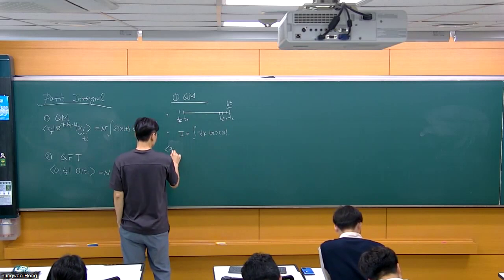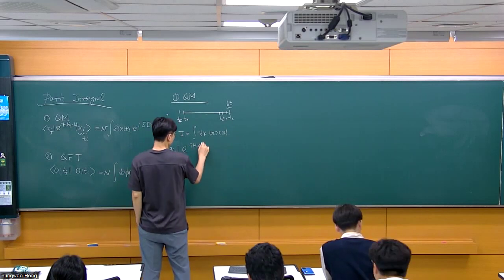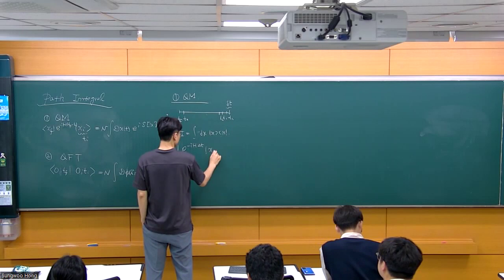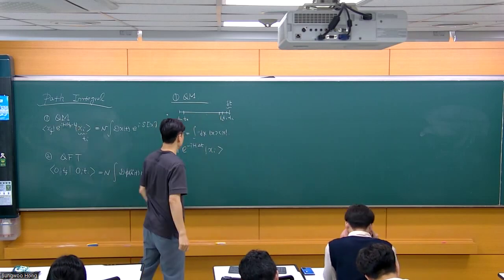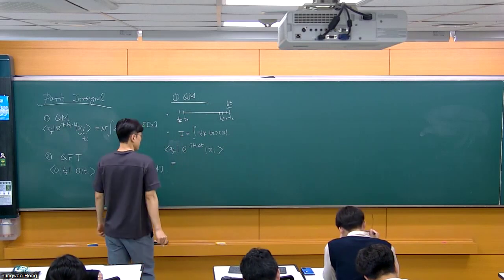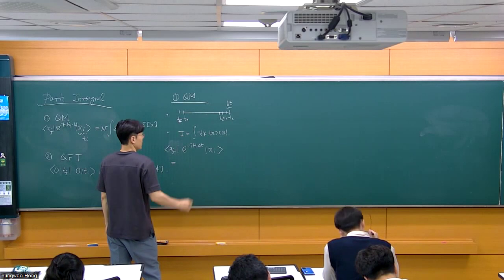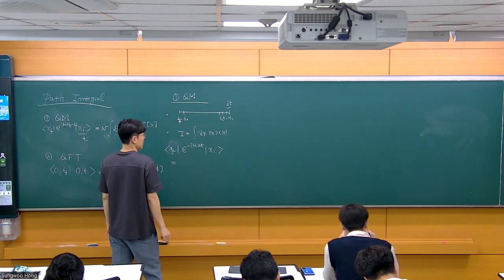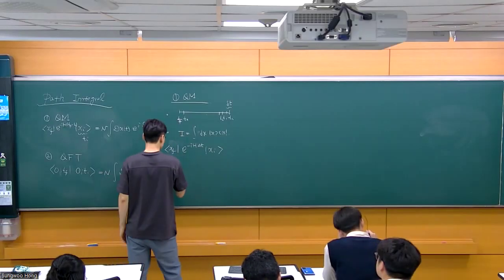Just so that I save some chalk, let me write delta t for this entire thing. And then I'm going to rewrite this in terms of, let me see, yes, let me write here. It's going to be a big expression.